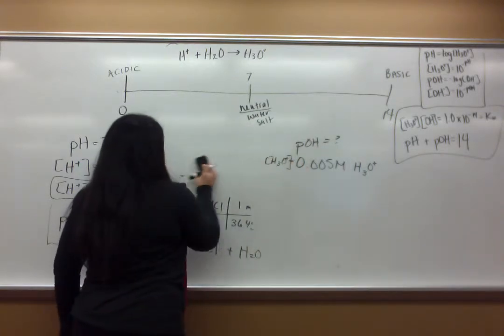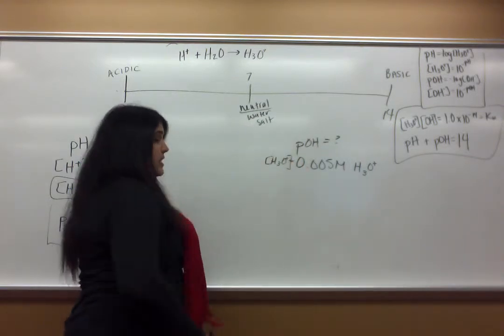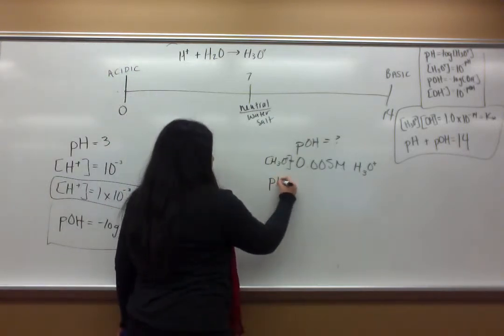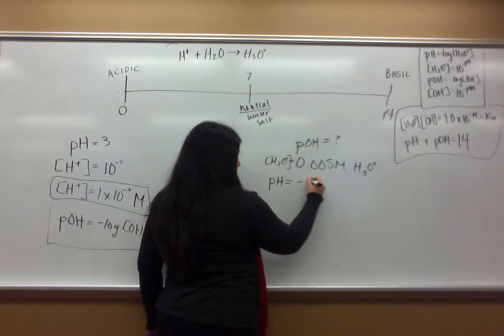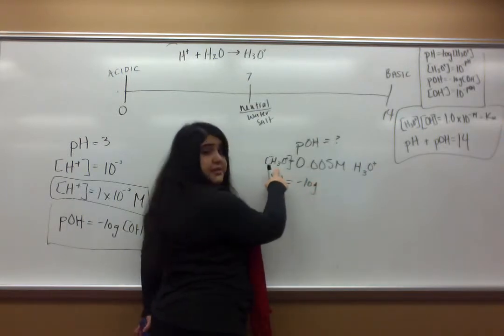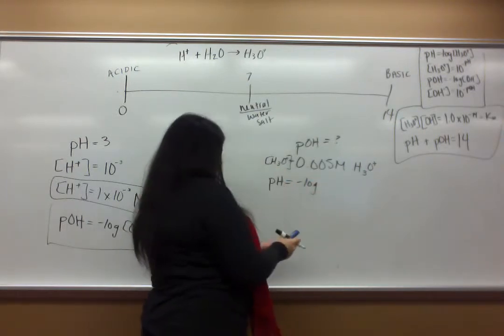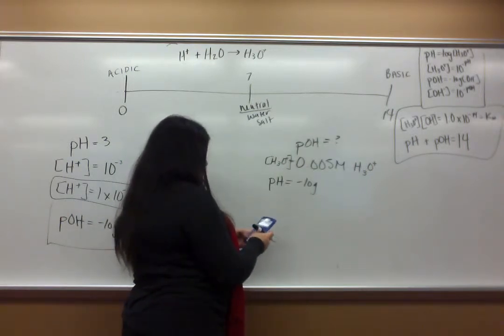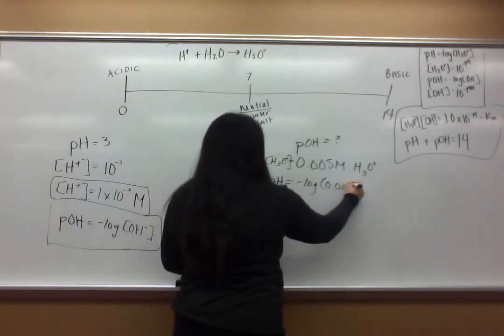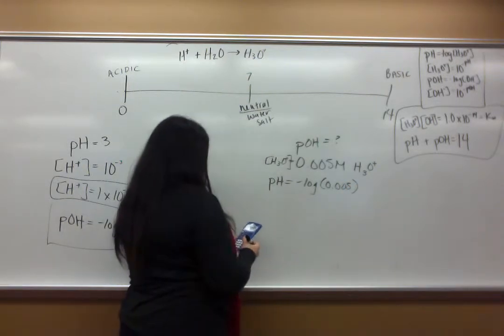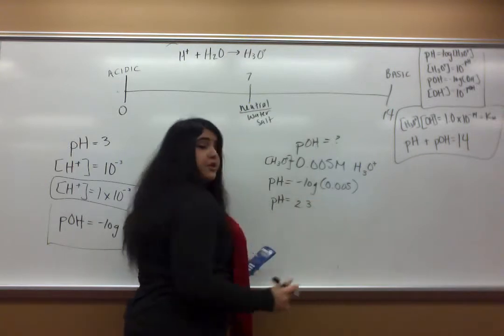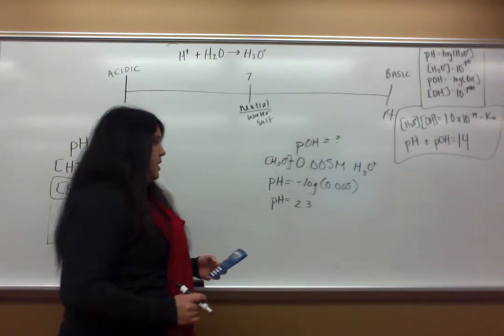Now, what I can do from here is solve for my pH. pH is equal to negative log of my concentration of H3O plus. If I solve there, I have negative log of 0.005 molarity, and I end up with a pH of 2.3.